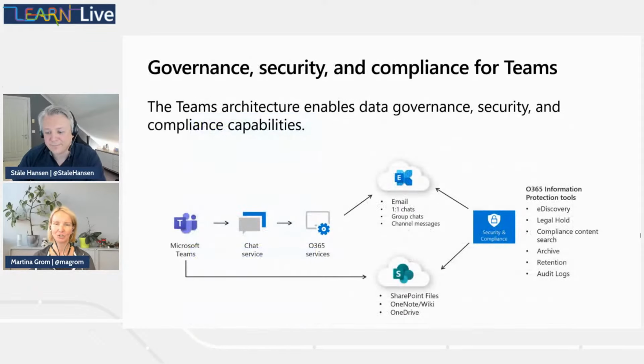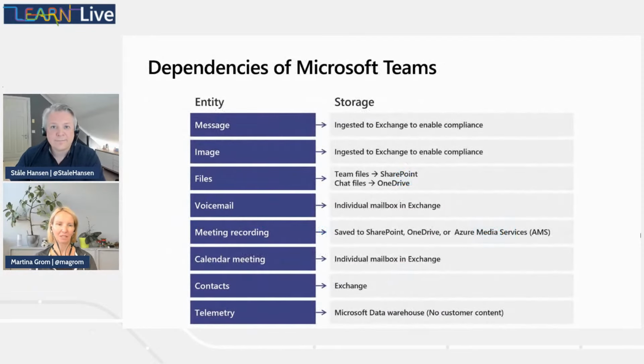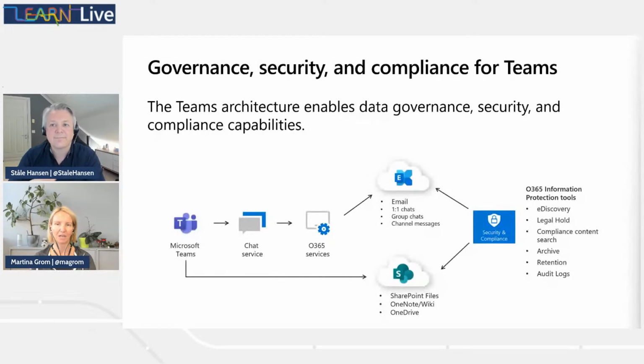So to make a short summary about that, how does it look from governance, security, and compliance for Microsoft Teams on the slides here? So we have the Teams architecture, and we've seen that this architecture enables data governance, security, and compliance capabilities.